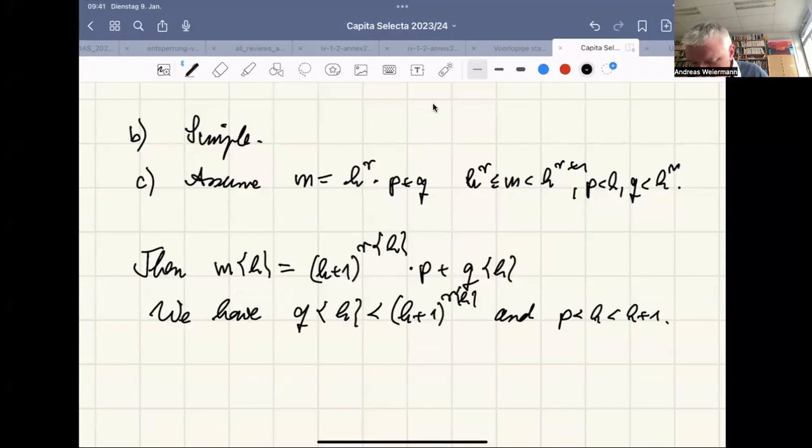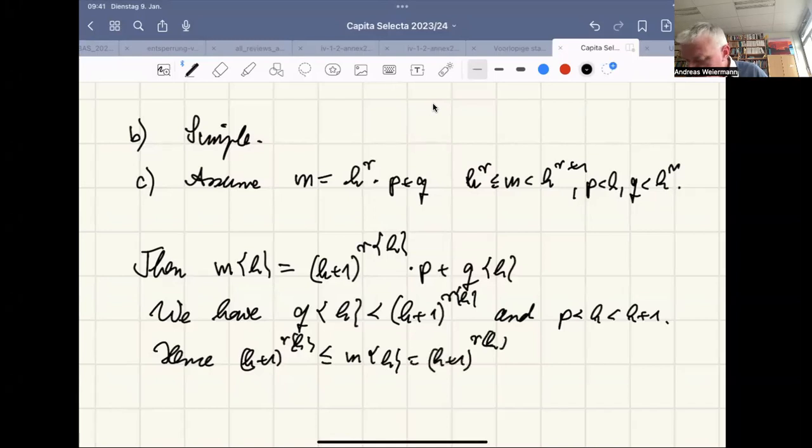And now in total, we get what? Well, of course, (k+1)^(r_k) is less than or equal to M of K, which is (k+1)^(r_k) times p plus, and this is now the bound, plug in for q_k. So we take here (k+1)^(r_k). Now you see here in total p occurrences plus another one.